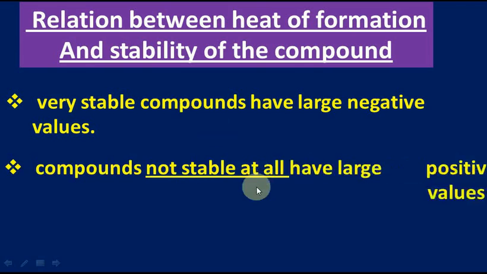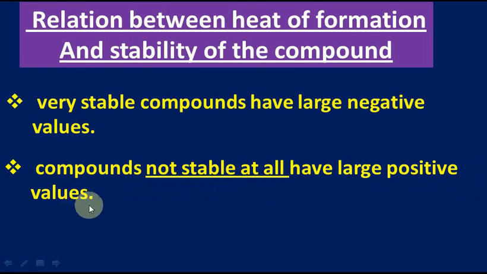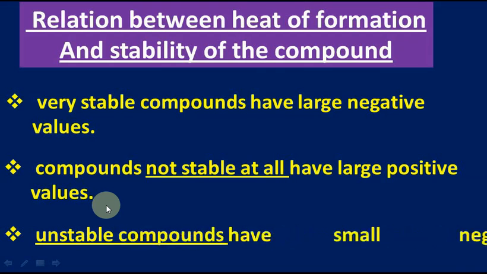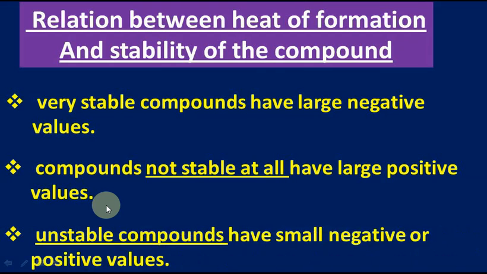Compounds not stable at all have large positive values. They absorb all the heat around them to be formed, so they don't want any heat. So they are not stable at all. If they are at room temperature, they will be unstable and will decompose. Intermediate unstable compounds have small negative or small positive values.